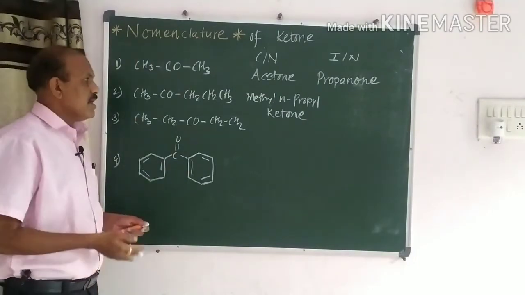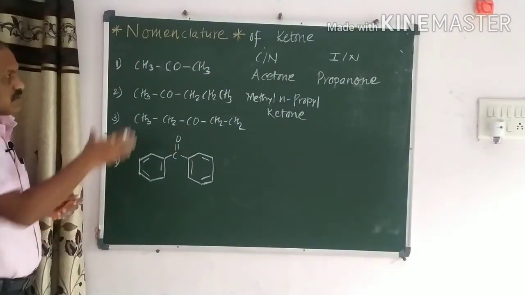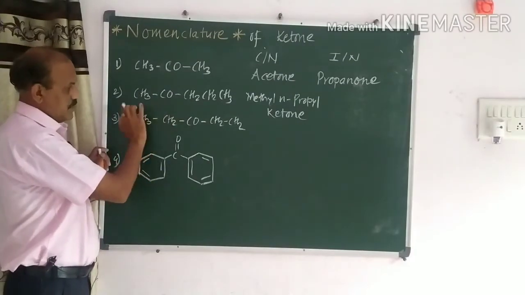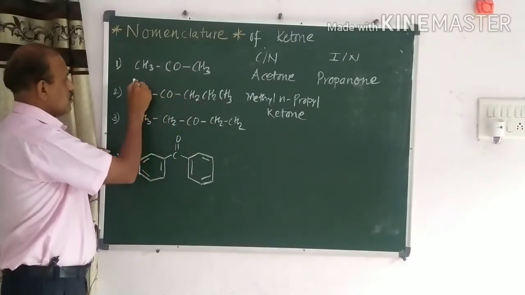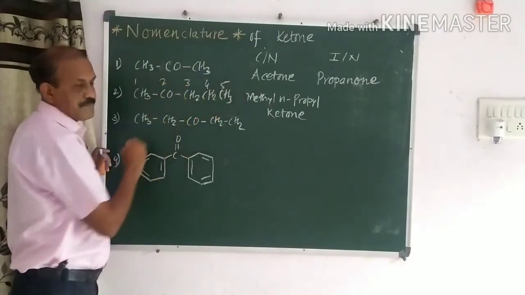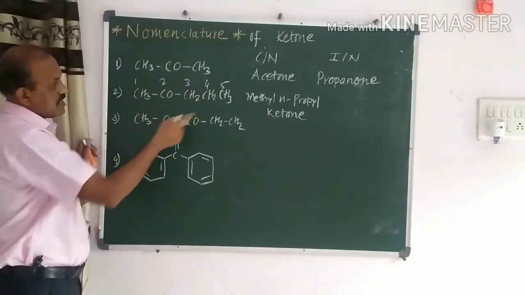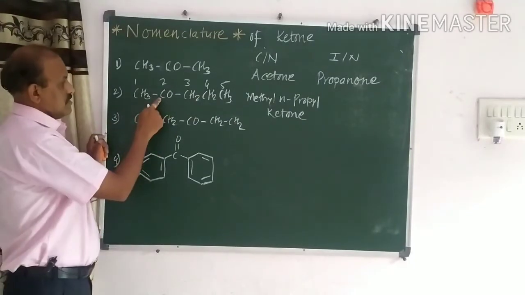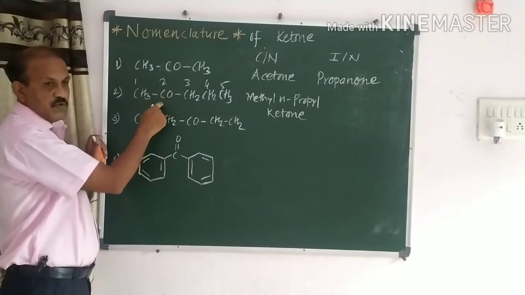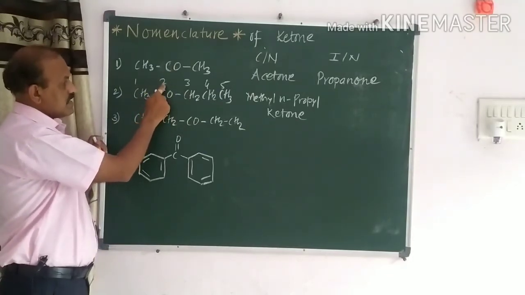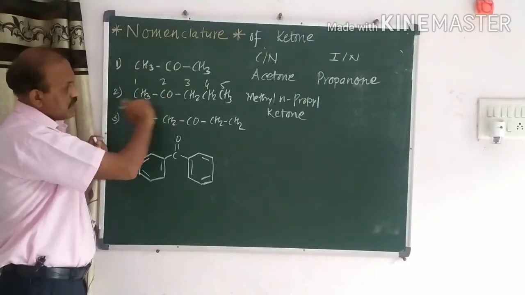Now while we have to give the IUPAC name, I have to give the name just like this. Here we have to give numbers to this compound: 1, 2, 3, 4, 5. The corresponding alkane of this is pentane. But here the C double bond O group, that is the carbonyl group, that is the ketonic group, is present at the second position according to the numbering.